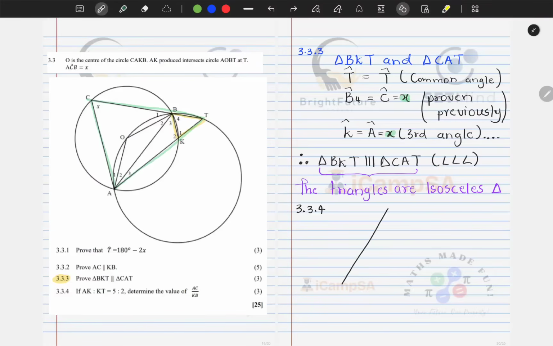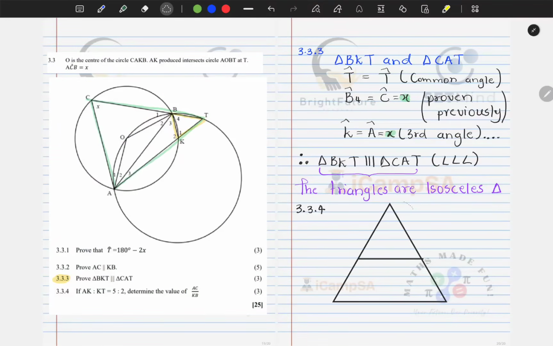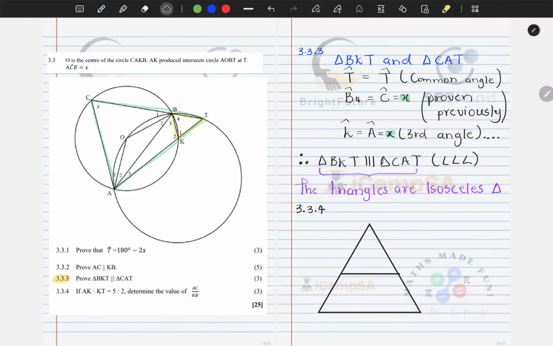I'm going to draw this triangle, and we have the other one inside. Let's label it and we'll chat. If you observe carefully, we'll have a T here, a B here, a K here, a C here, and an A here.